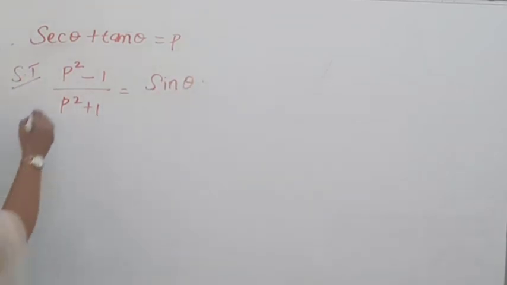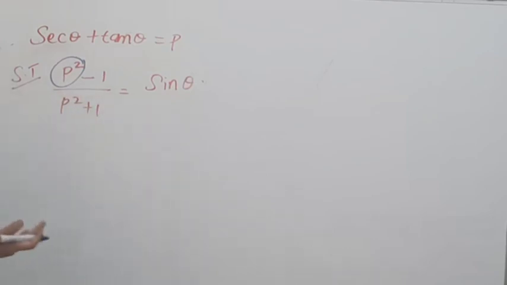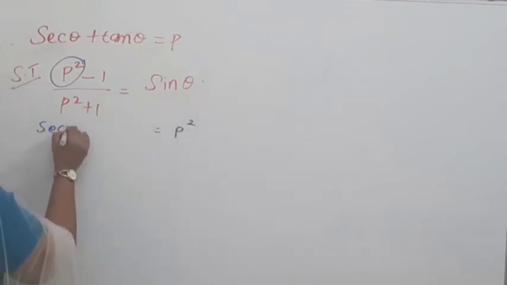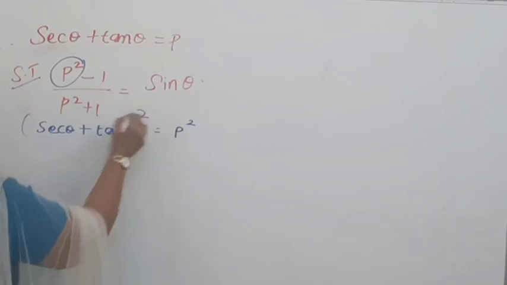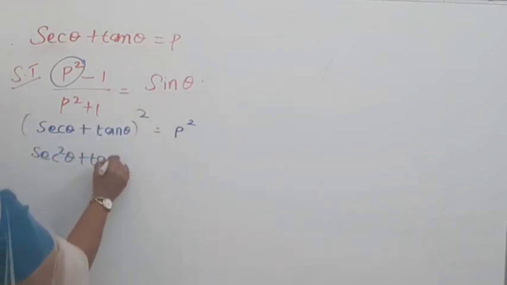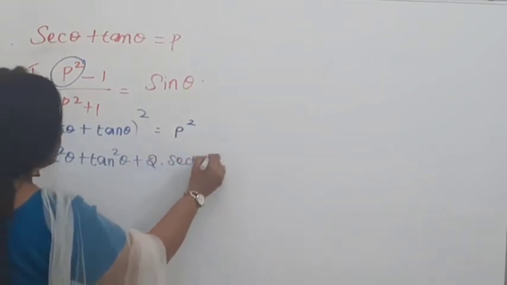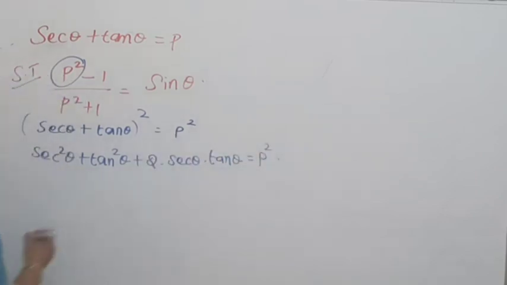So what do I have to find? I have to find P square, and then I have to subtract and add 1 like that. So let me have my P square first. That is sec theta plus tan theta the whole square, which is nothing but sec square theta plus tan square theta plus 2 sec theta into tan theta, which is equal to my P square.